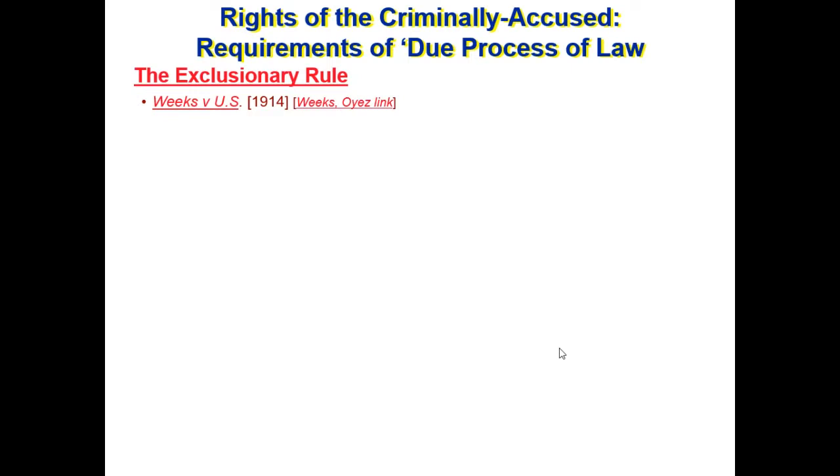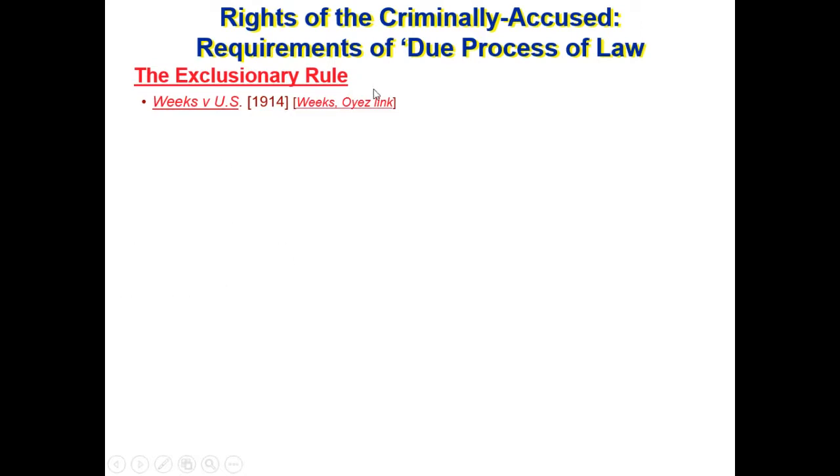Now, that was a case involving federal law and federal law enforcement. Remember that the Bill of Rights, and that includes the Fourth Amendment provision against unreasonable searches and seizures, originally applied only to the federal government. It didn't apply to states.